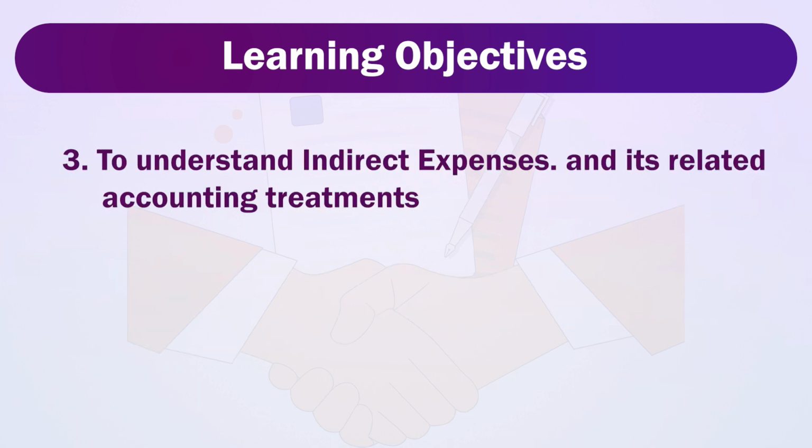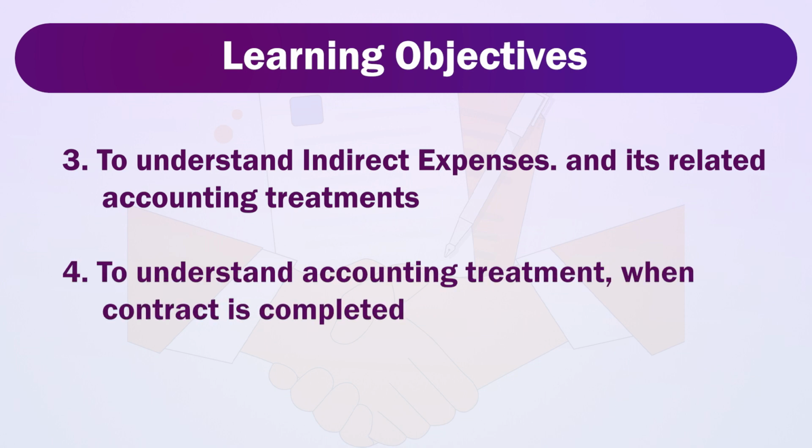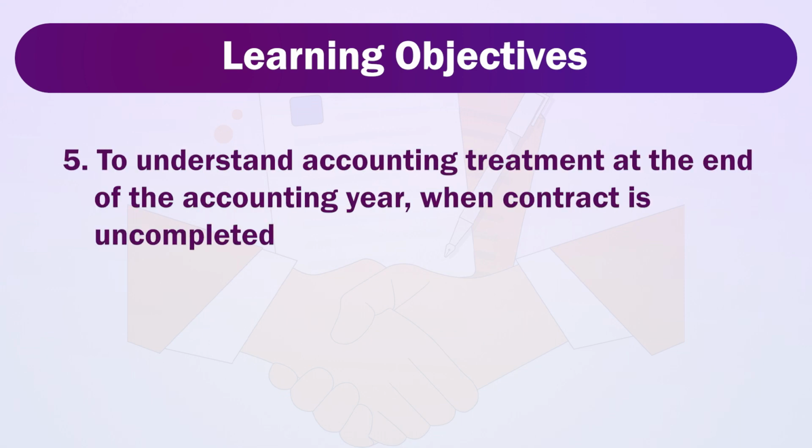Number 3, to understand indirect expenses and its related accounting treatments. Number 4, to understand accounting treatment when contract is completed. Number 5, to understand accounting treatment at the end of the accounting year when contract is uncompleted.